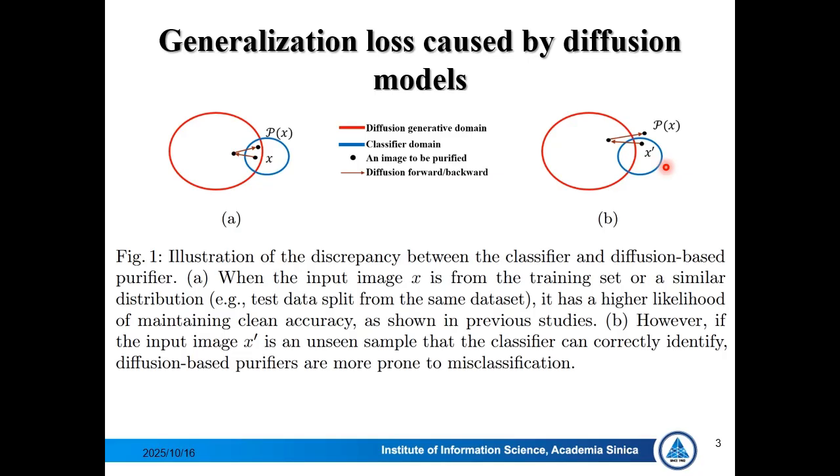However, for a blue cat not included in the dataset, the classifier can also predict very well because of the generalization caused by the data augmentation and the model structure used by this classifier. And the diffusion model tends to purify this blue cat into an improper image.